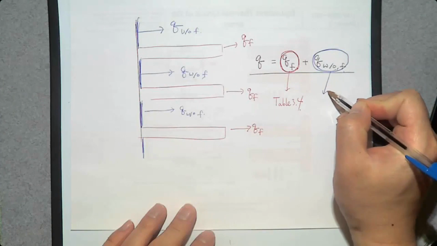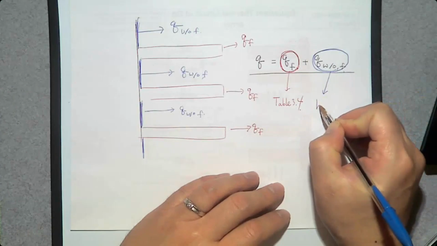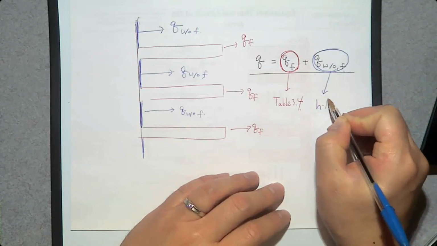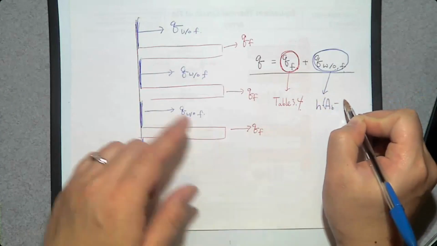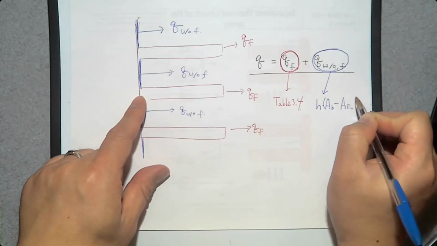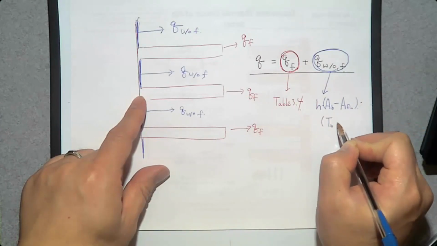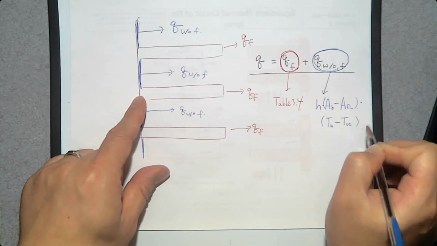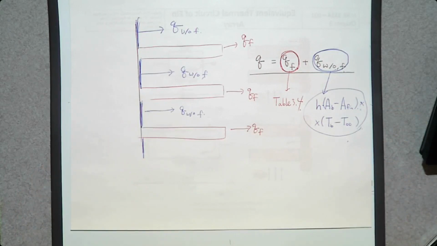And this Q without fin can be determined by the convection heat transfer coefficient h times the base surface area minus the area which is covered by the fin, times the temperature difference, the temperature of the base minus the temperature of the surrounding fluid. So that's how we can determine the rate of heat transfer without a fin, and we can calculate the fin heat transfer rate directly from a table.